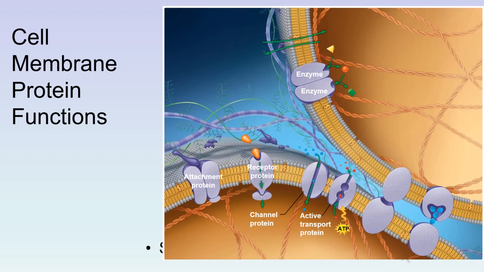And finally, there are those glycoproteins attached to the outside of the cell, and they're capable of connecting with other cells for recognition. In fact, these are the types of proteins used by your immune system to recognize your own cells as well as foreign cells.